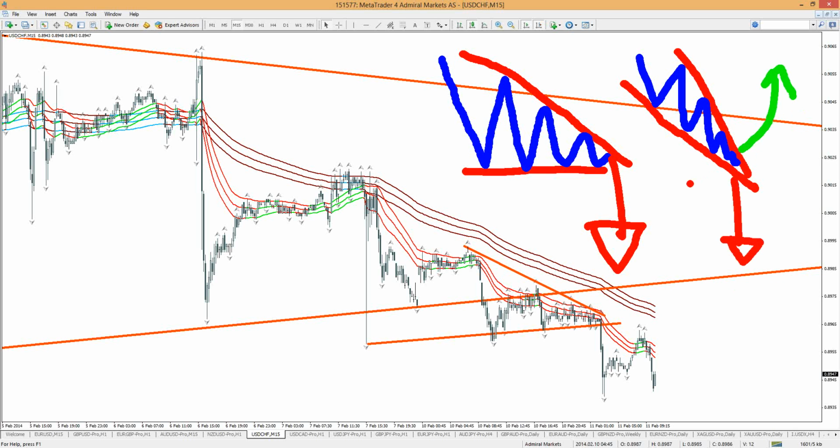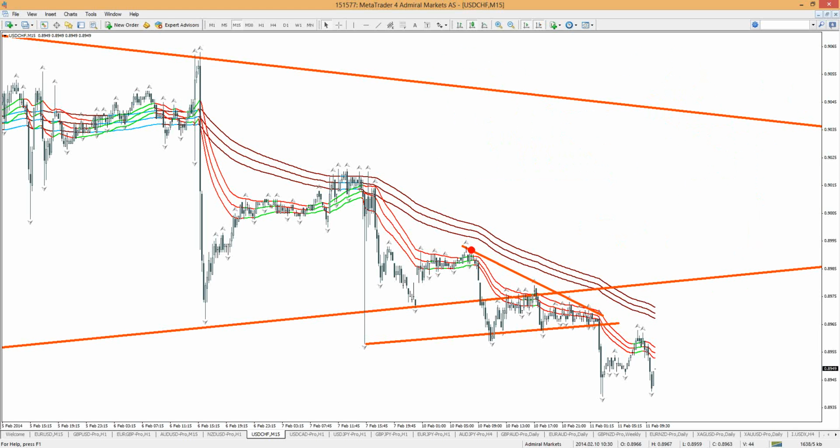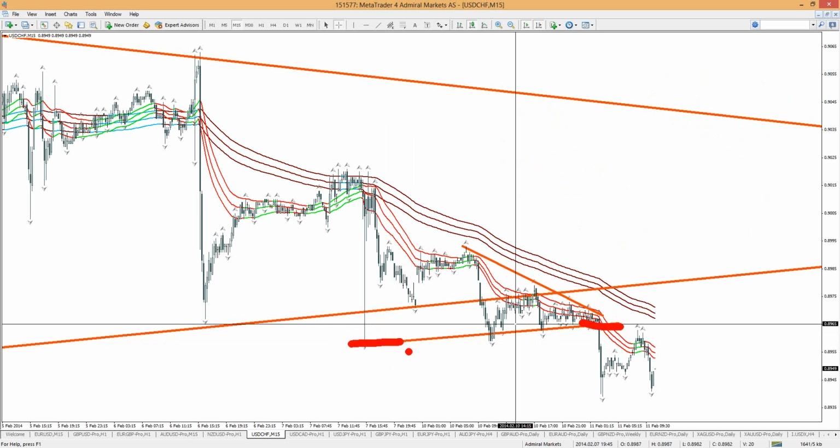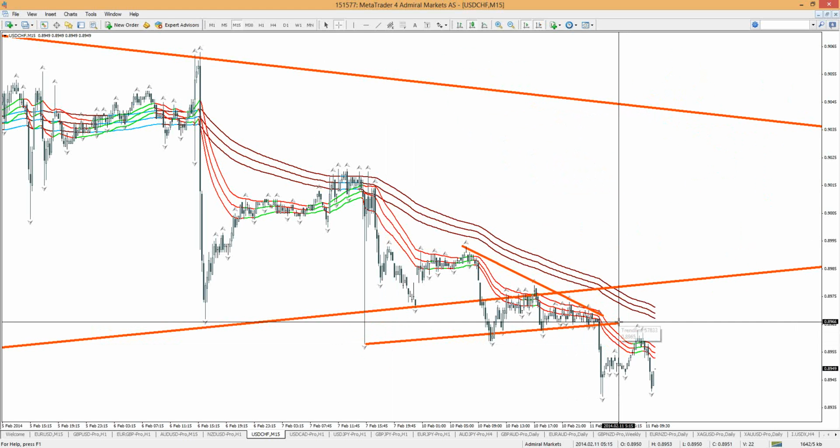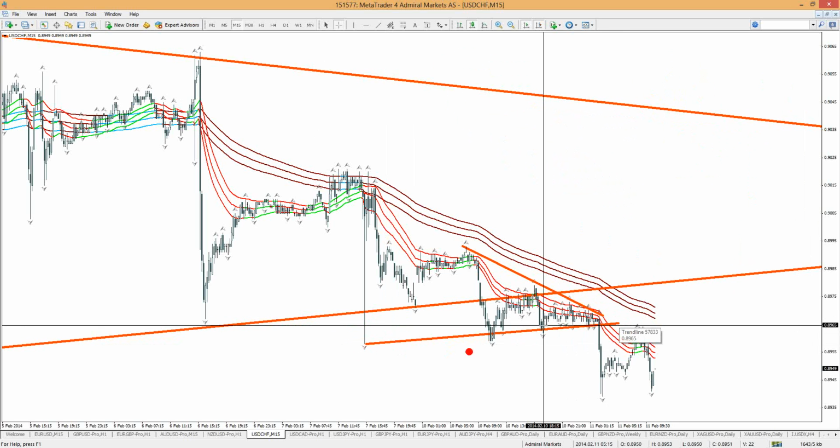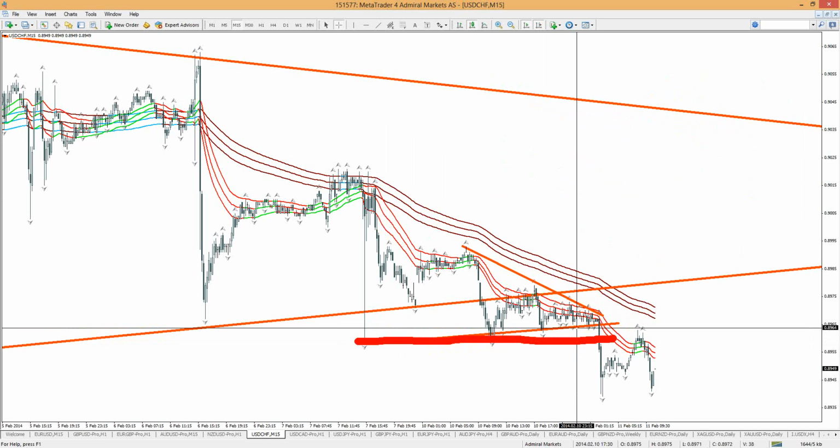In fact, technically speaking, this formation, I'm not sure if it is a descending wedge. Well, in this case, the difference between these bottoms is only a couple of pips. So I would be willing to say it is a descending wedge, but you could also look at it as a contracting triangle. Although the thing is that this looks more flat to me, and this is more pointed down.